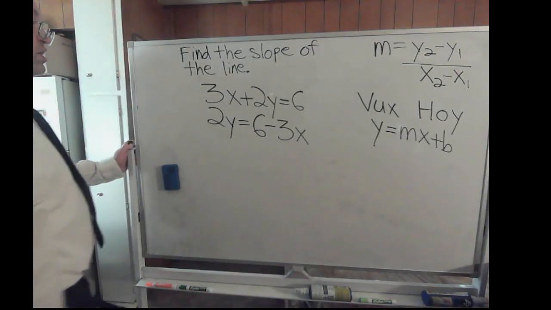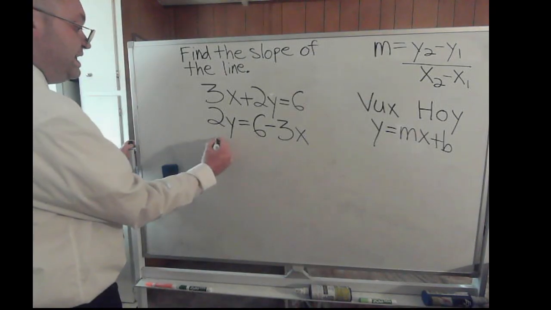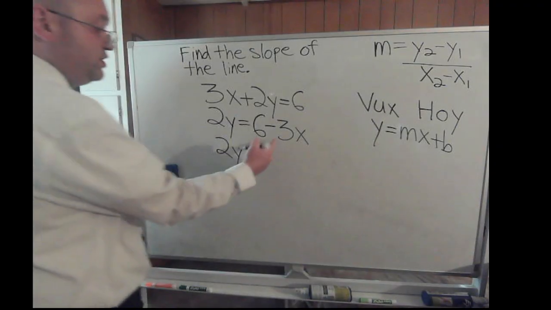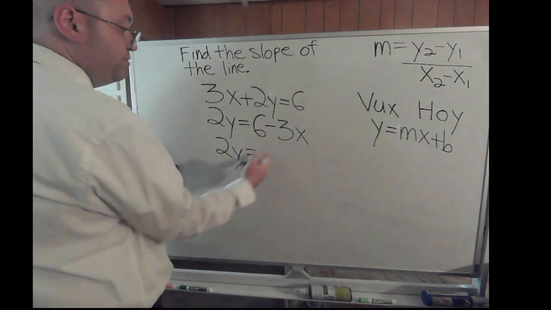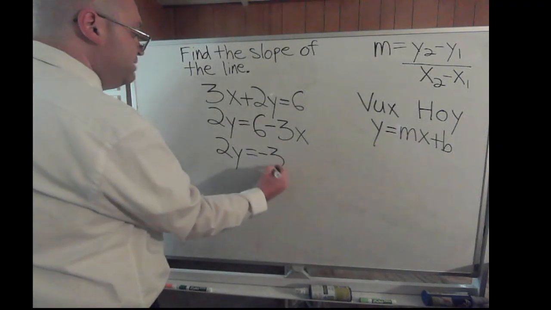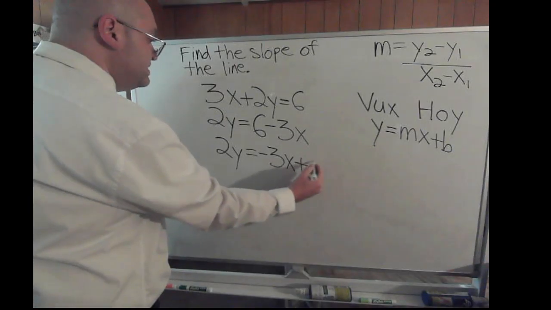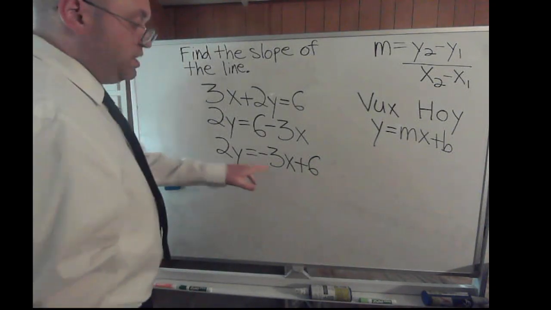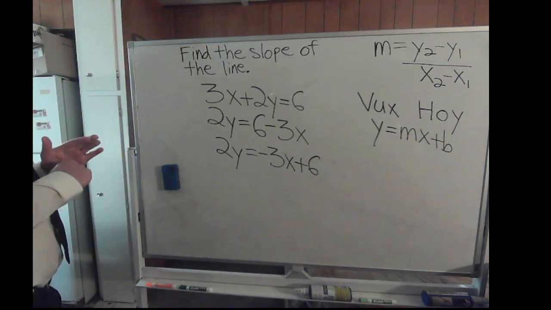Well, again, the 6 minus 3x is not in proper order, you can use the commutative property of addition to make it 2y equals negative 3x plus 6.